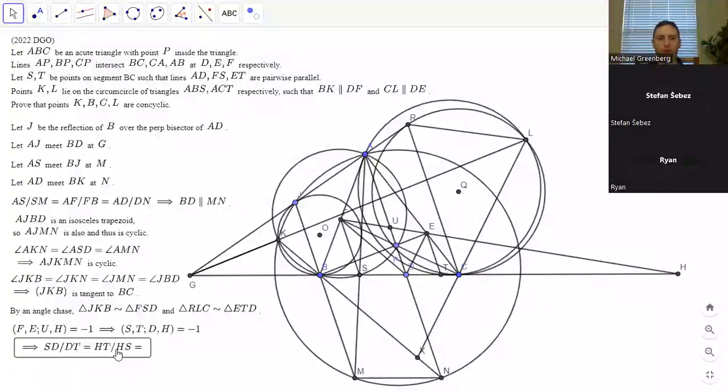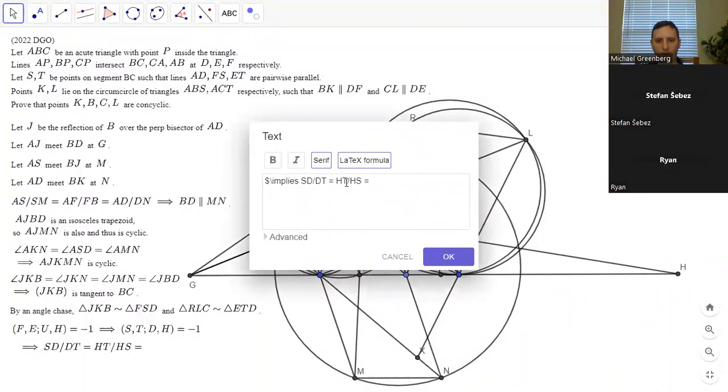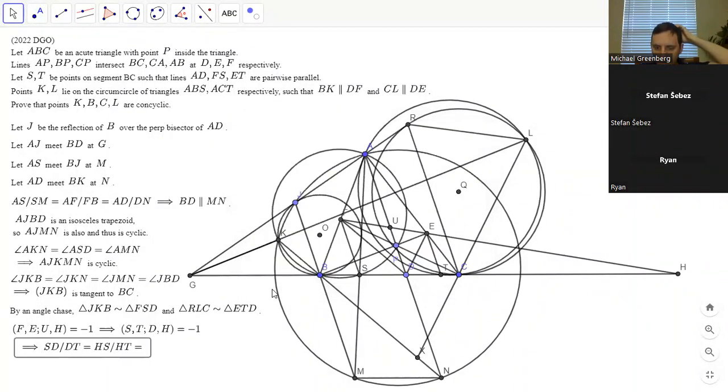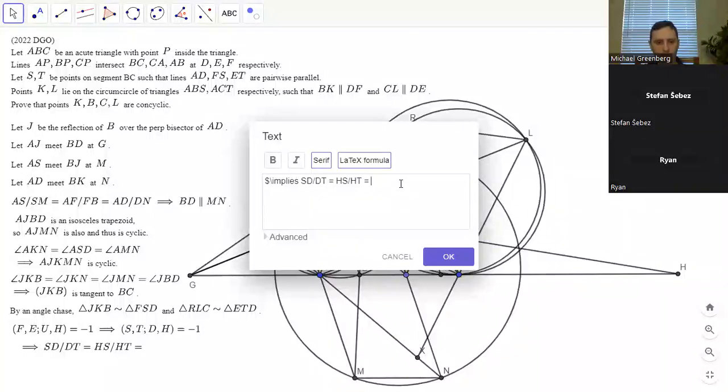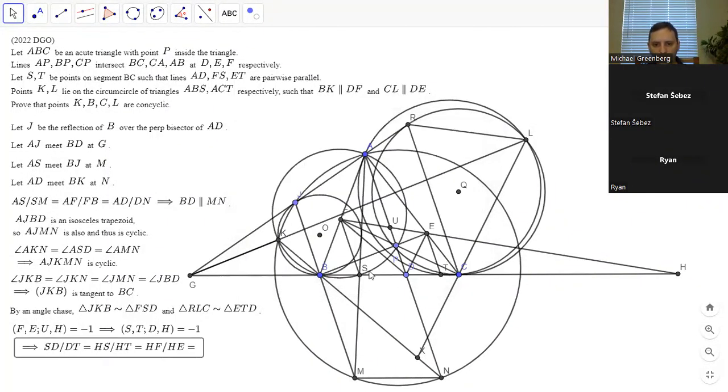Sorry, I flipped this around. It should be HS over HT, which is HF over HE, which is SF over ET.